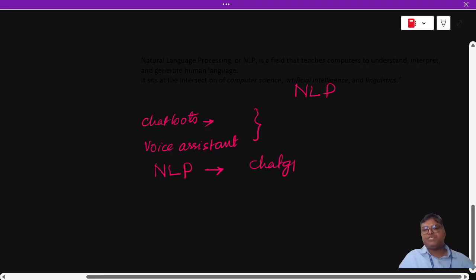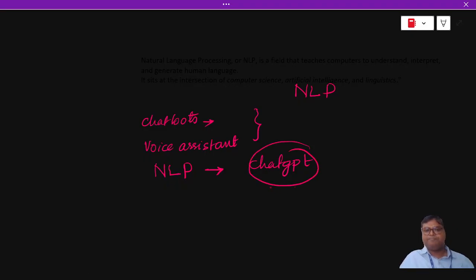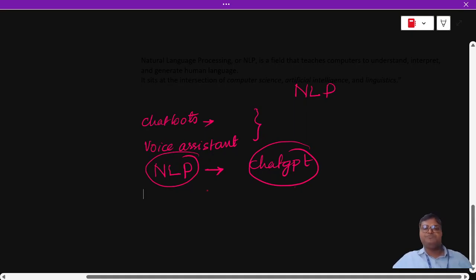Whatever we want to do, we communicate in our own natural language, Telugu or English, and it is able to understand. That is the beauty of natural language processing. In the next class, we'll study the applications of natural language processing.